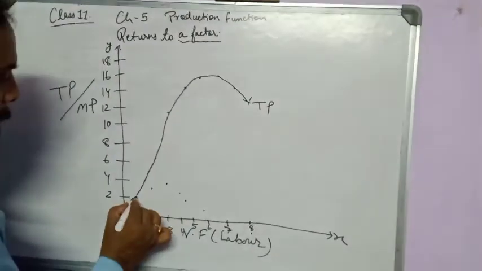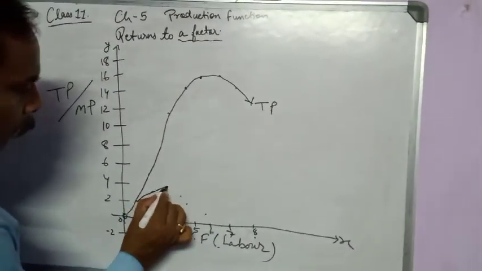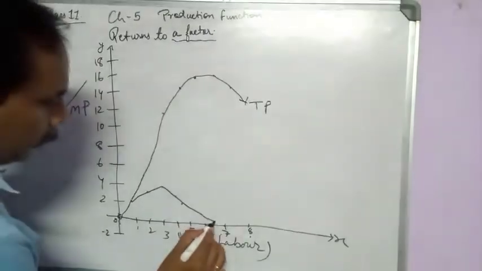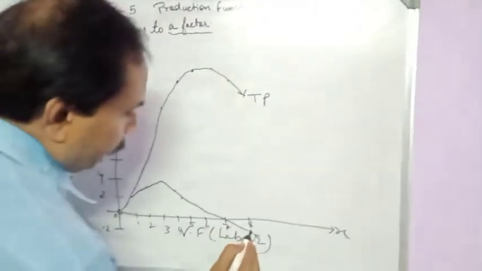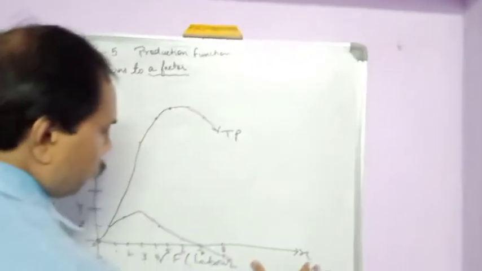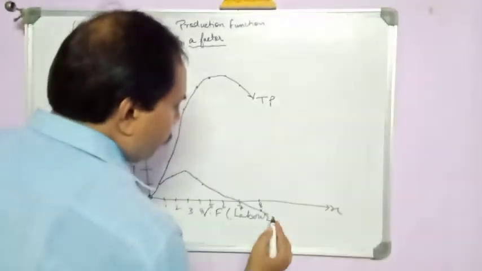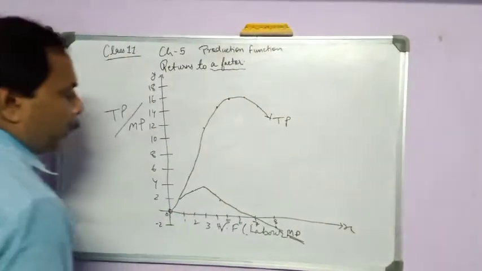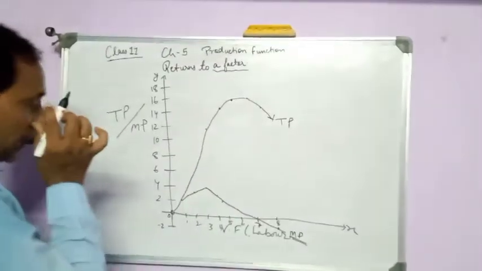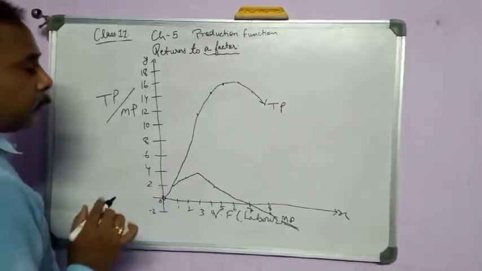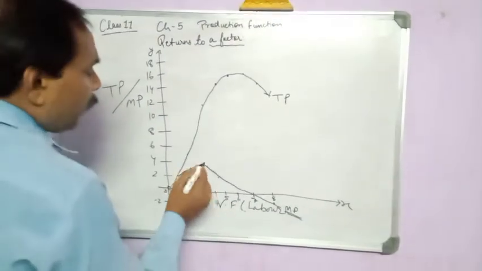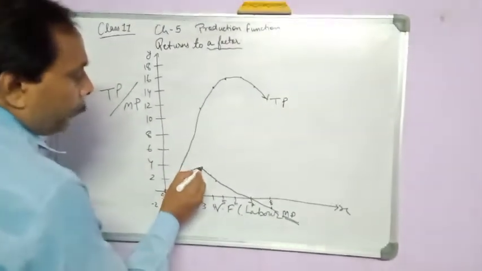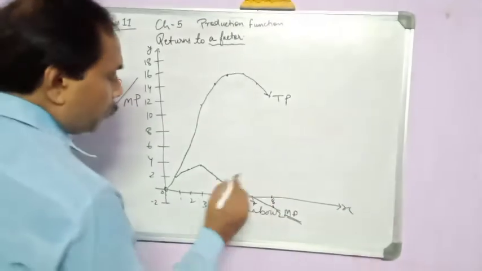So in this way, we find that the total production is continuously declining. Okay? So in this way the marginal production initially increases, but reaching a point, again it starts to decline. So first phase, we will determine the point from where the marginal production starts to decline.